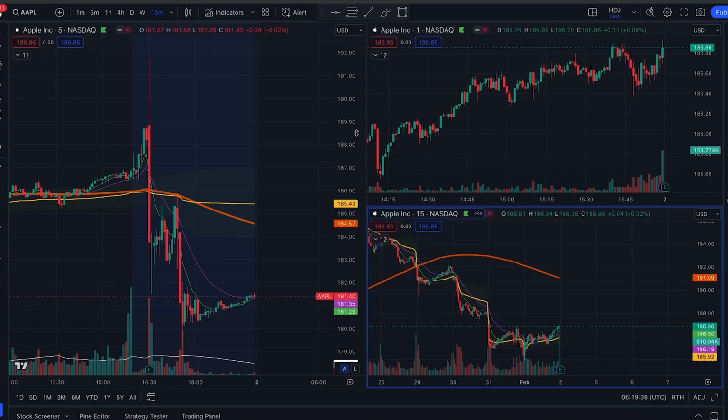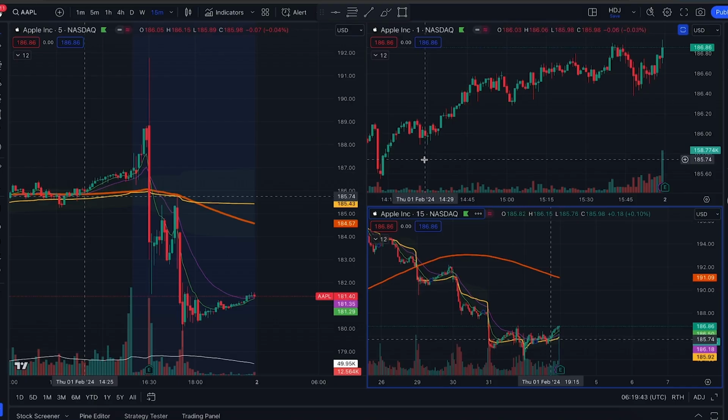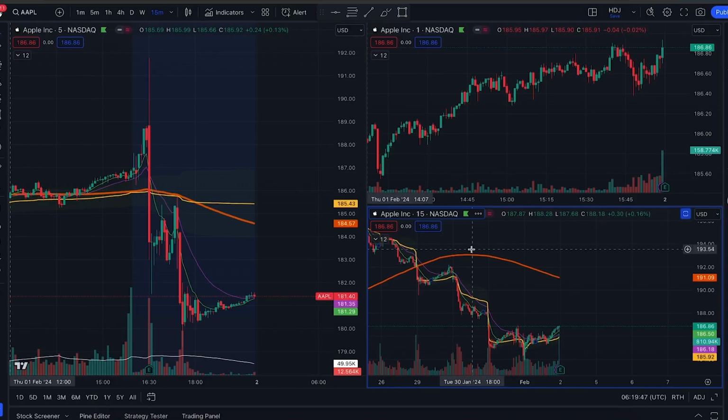And what I'm looking for is things to line up. If I'm seeing support forming, or a confluence, 3 things happening at the same time on all 3 charts, my probability of having a winning trade increases.